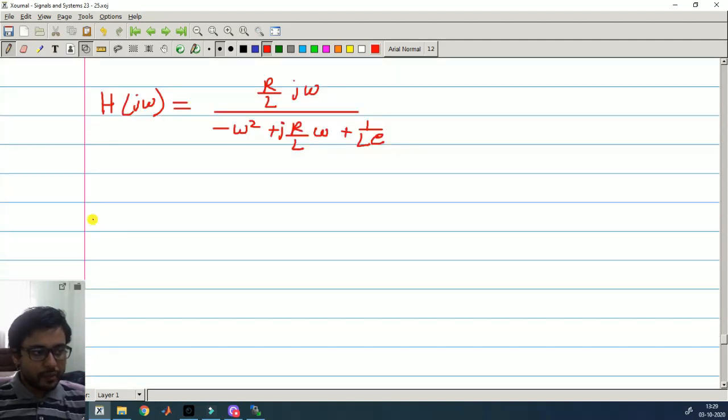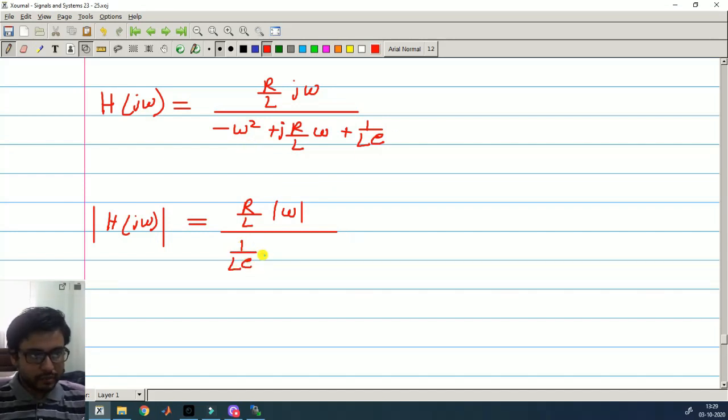Now the magnitude of H(j omega) will be the magnitude of the numerator, R by L constant, times magnitude of omega, divided by the square root of the real part, 1 by LC minus omega squared, squared, plus the imaginary part, R by L omega, squared.